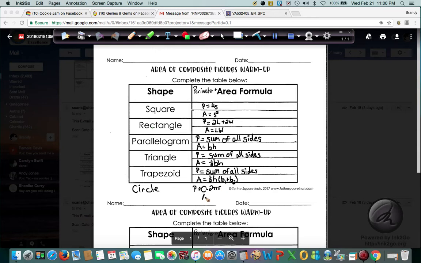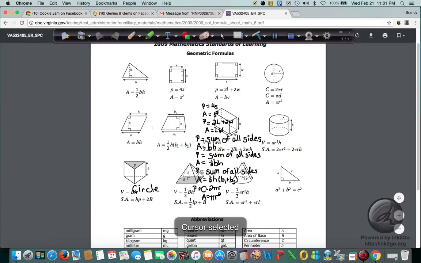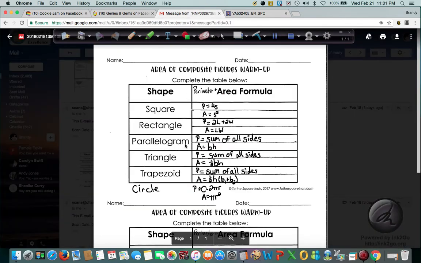And our area is going to be pi times radius squared. Very important that you have this written down. It's an easy to access formula. And then if you have trouble recognizing, I have a trapezoid, but which one of these is a trapezoid? You have this little table right here with the actual words, so you know what formulas go with what words. All right, so we'll bring up our next sheet.